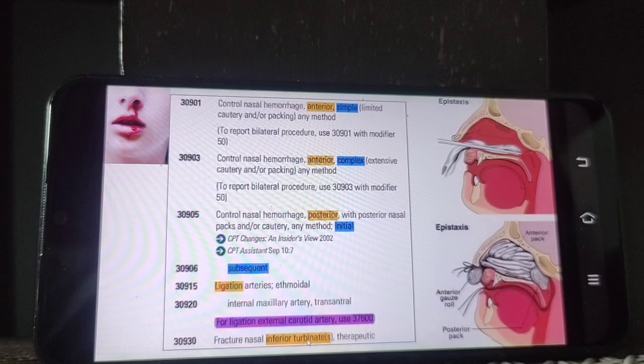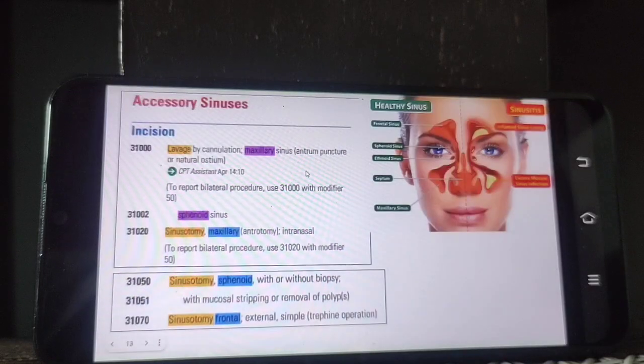Go for 30930, for nasal inferior turbinate therapeutic fracture. Now, here the procedure is lavage.